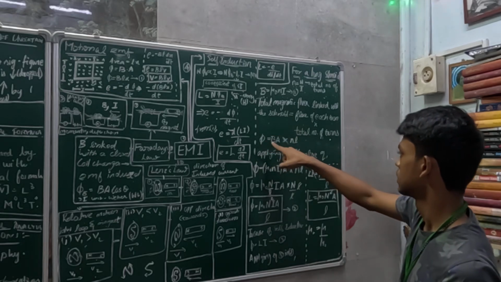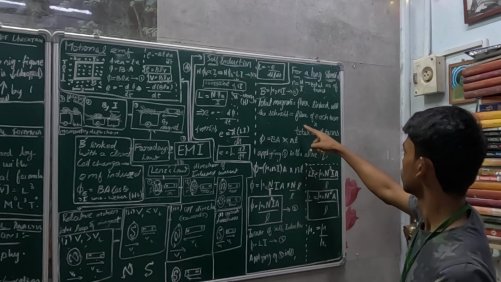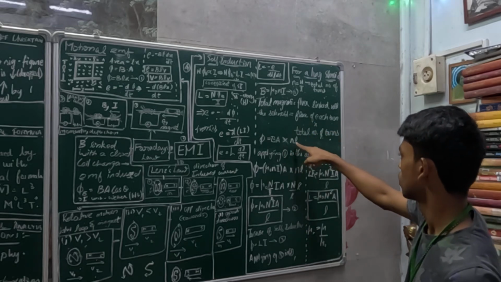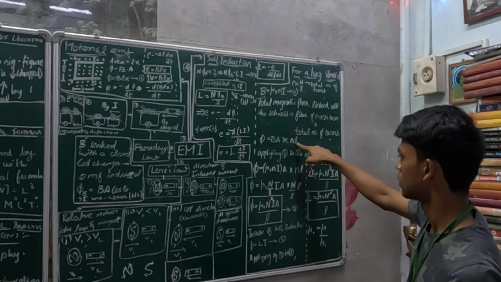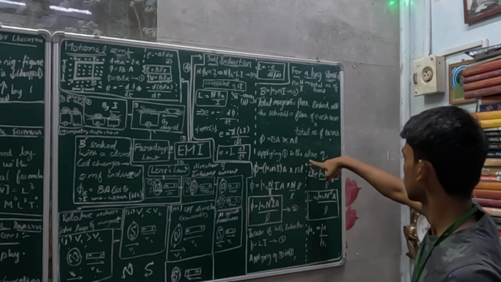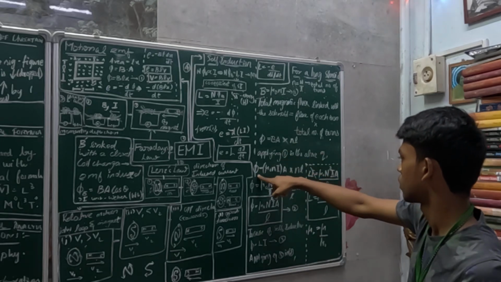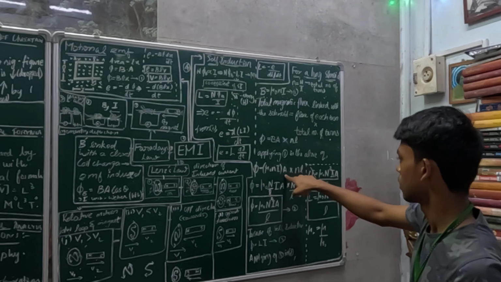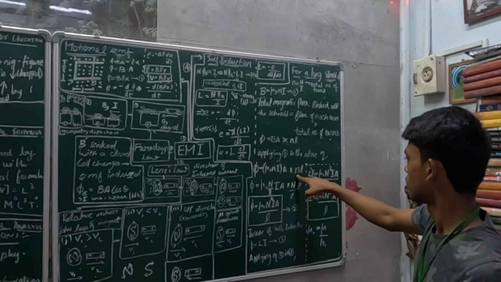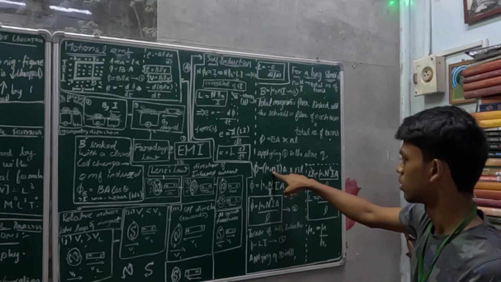So we are taking phi is equal to BA, which is the magnetic flux, into the number of turns, that is N into L. Applying the first equation in the above equation, we get phi is equal to mu naught n I A into N. Now we know n is the number of turns per unit length.